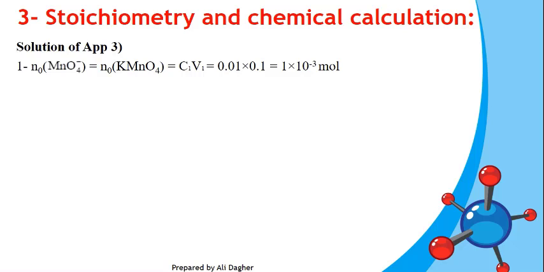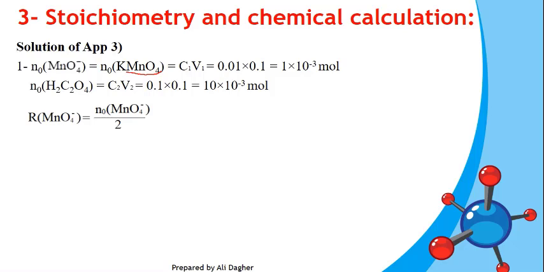N0 of MnO4- equals N0 of KMnO4, because each KMnO4 compound has one permanganate ion, equals C1 times V1, 0.01 concentration, and volume 100 milliliters, that means 0.1 liter, equals 10^-3 mole. N0 of H2C2O4 equals C times V, 0.1 concentration, 0.1 volume, equals 10^-2 mole.